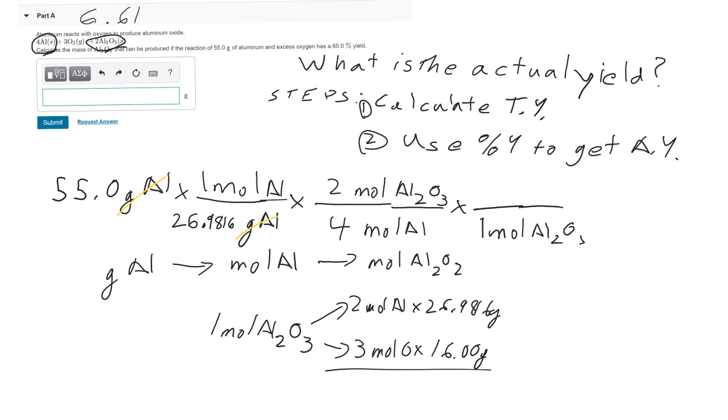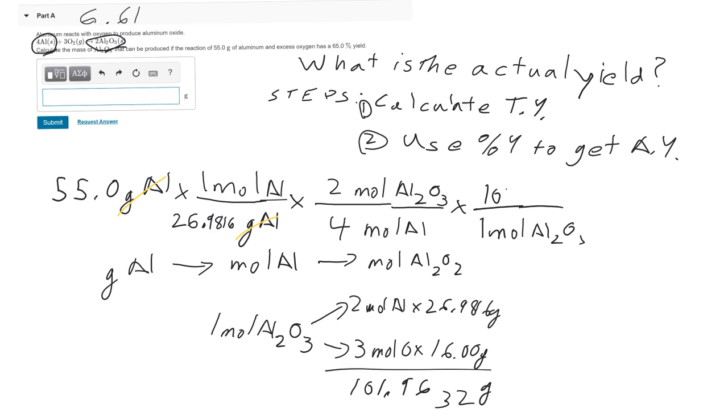That gives us 26.9816 times 2 plus 3 times 16 equals 101.9632 grams.